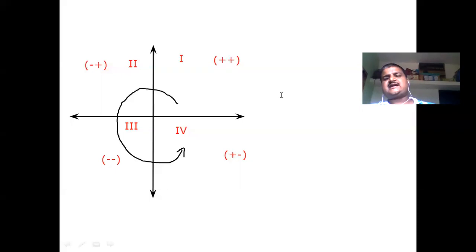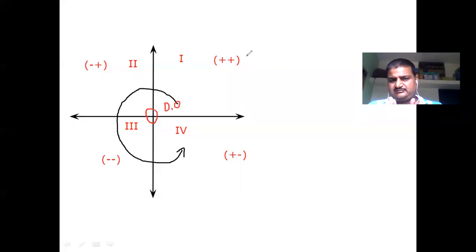And what about if I provide you the point 0, 0? Origin. Exactly, it will lie at this particular center. This point will have its coordinates 0 and 0.